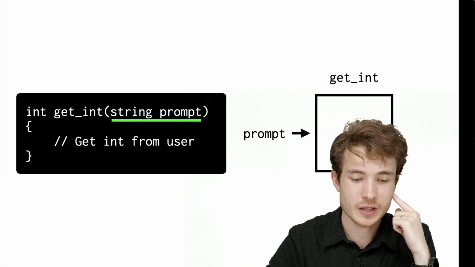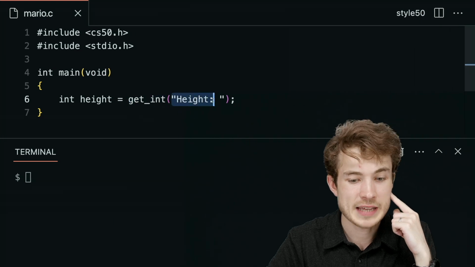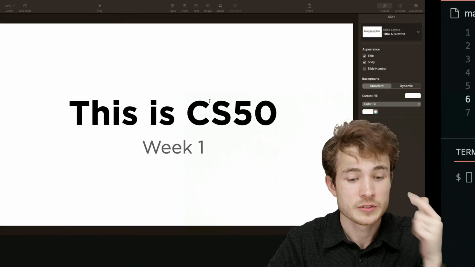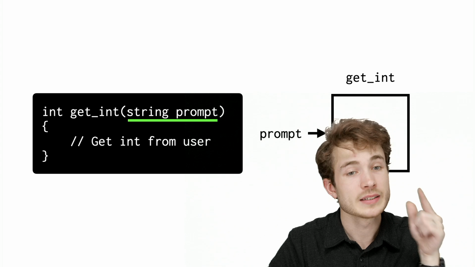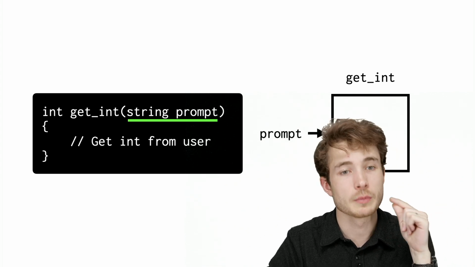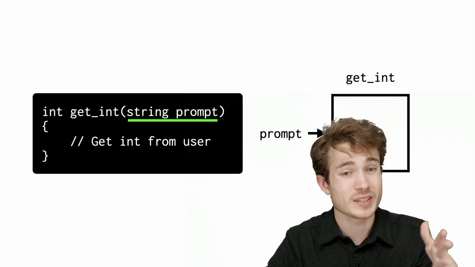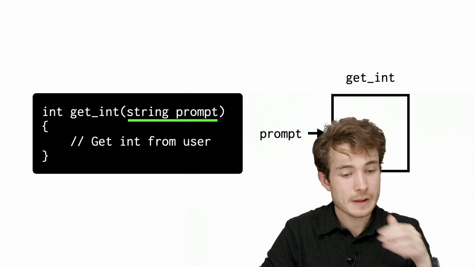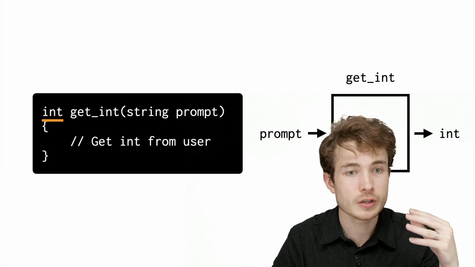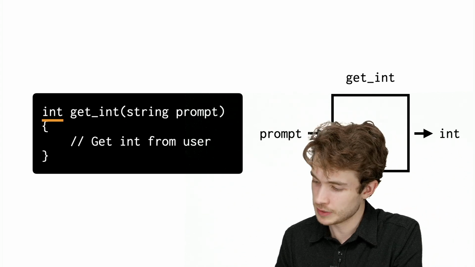So notice how when I used getInt, I typed in a string as the input to getInt. This input was called height, followed by a colon. So now in this case, we see that getInt takes a string that within that function is called prompt. And then what does getInt give us? Well, at the very end of the day, it gives us back an integer, in this case, a whole number that the user actually typed in themselves.